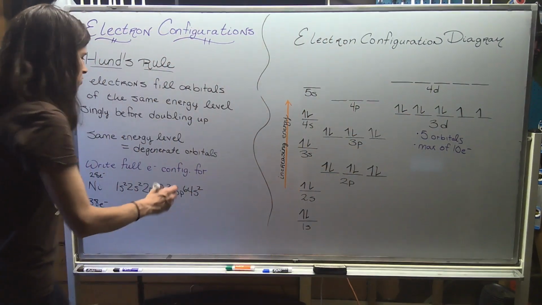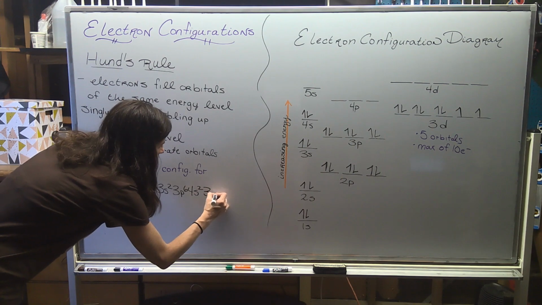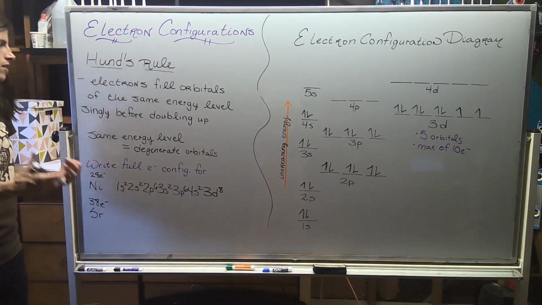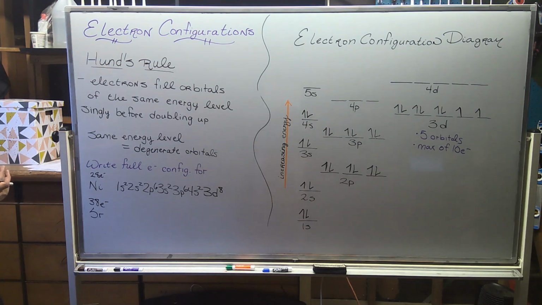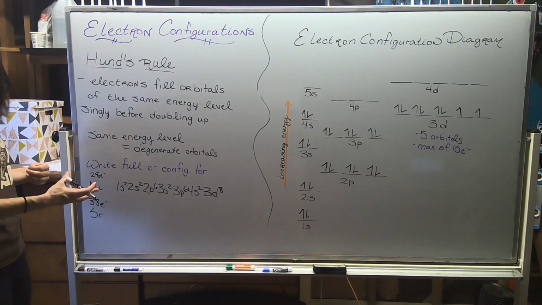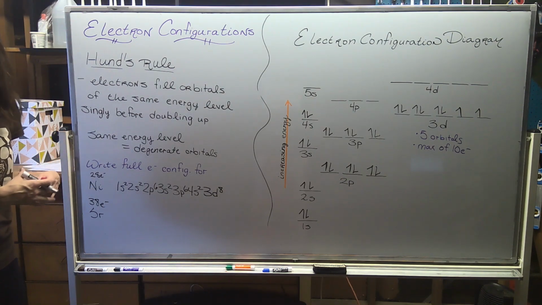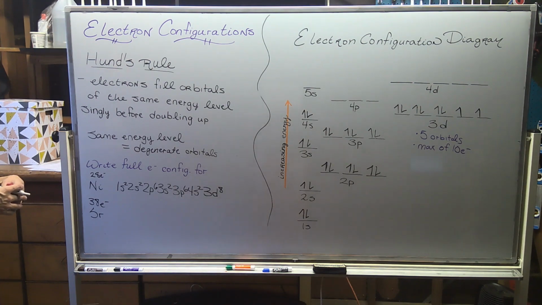There's 8 in the 3d. I usually write it like this, and it's perfectly acceptable because there's no ambiguity here. This is the correct set of orbitals with the right number of electrons in each one of those subshells.